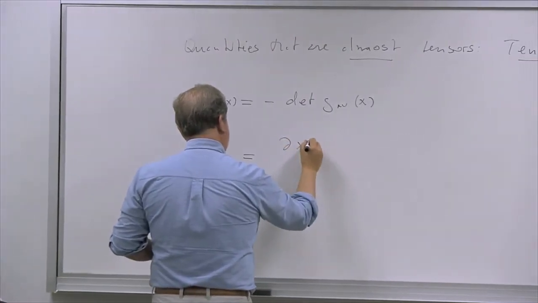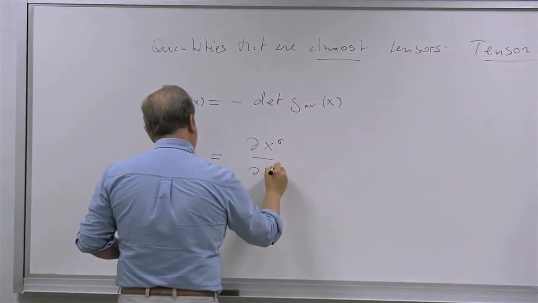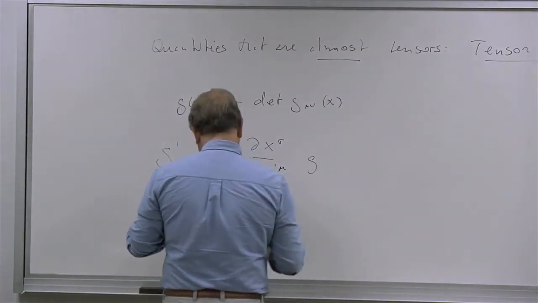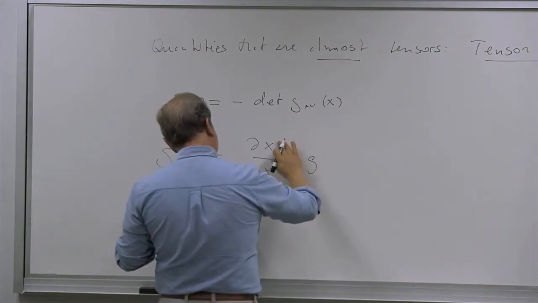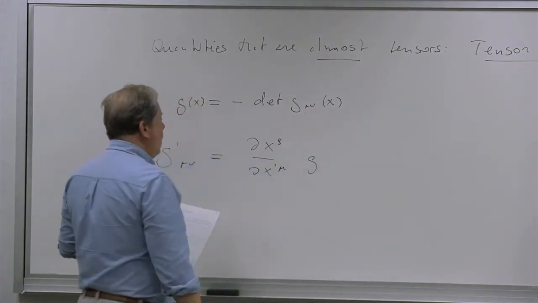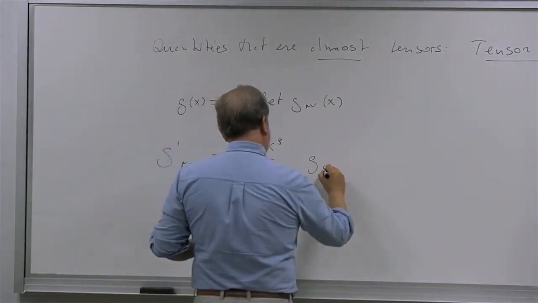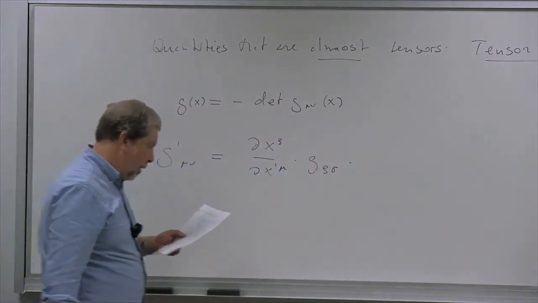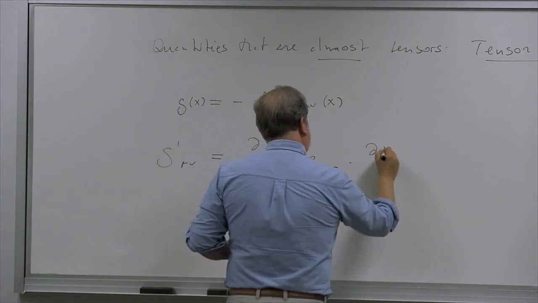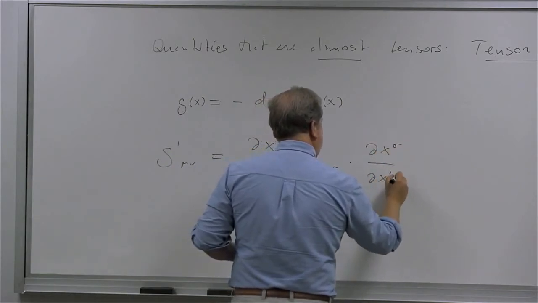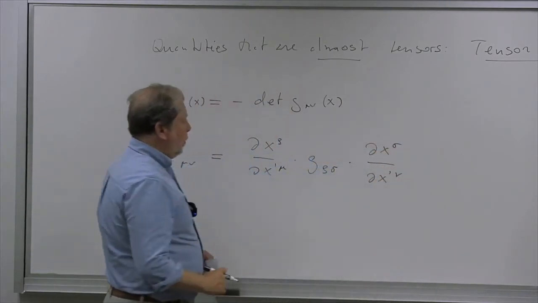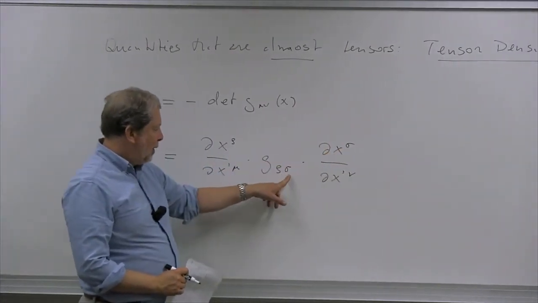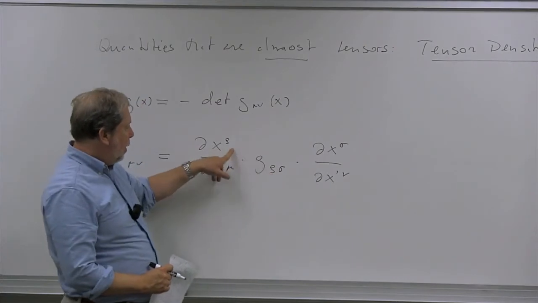So we're going to write that as dx rho by dx prime mu, and then the original matrix g rho sigma, and then the second matrix, which is again dx sigma by dx prime nu, in this form. So we write it as a matrix multiplication, because you have this index here, and then it's multiplied with this, and this index is multiplied with that.